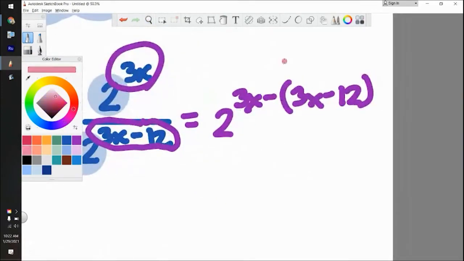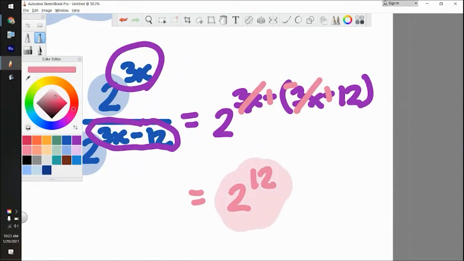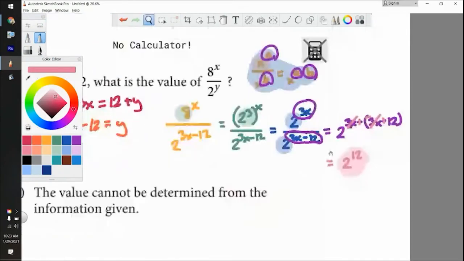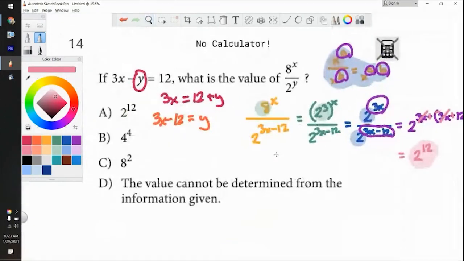Then from here, the negative 3x and positive 3x cancel, so you're left with 2 to the 12th for your final answer. So the answer is A.